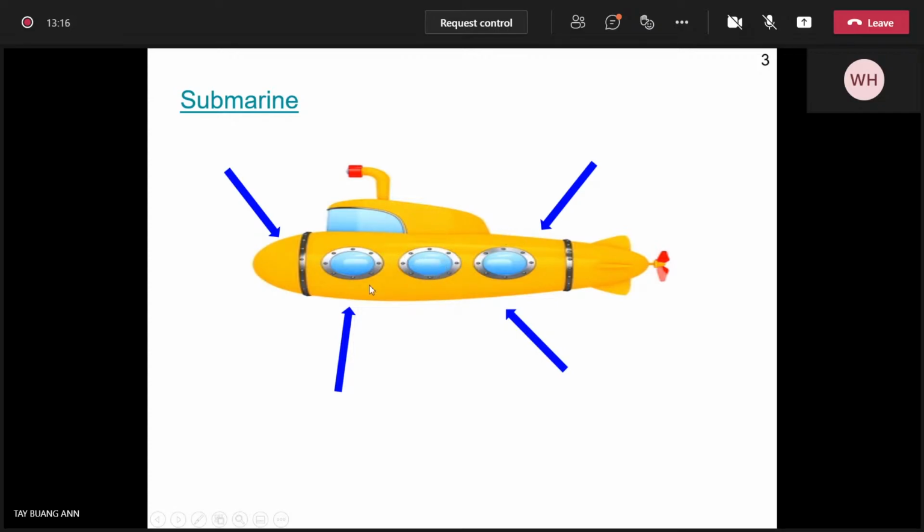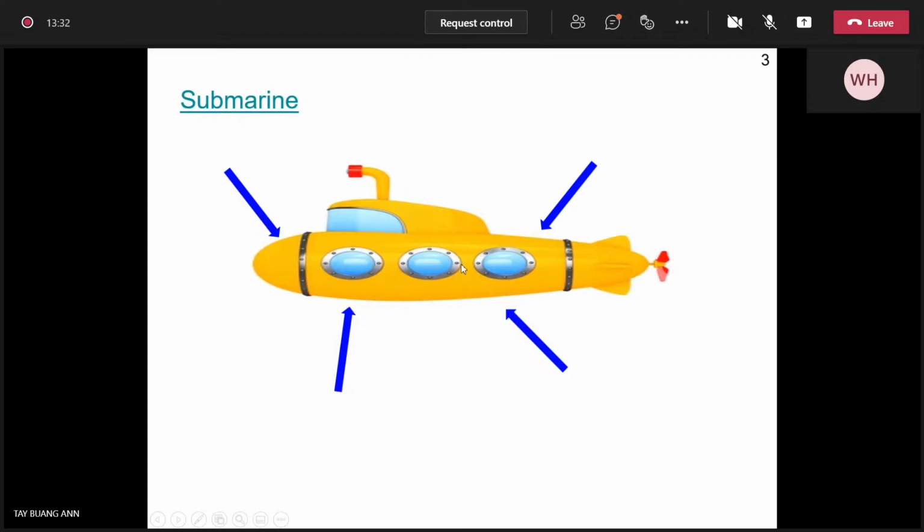Therefore, if the material is not strong enough, then the person inside will die. So this is one of the principles that we need to understand when we produce a submarine.